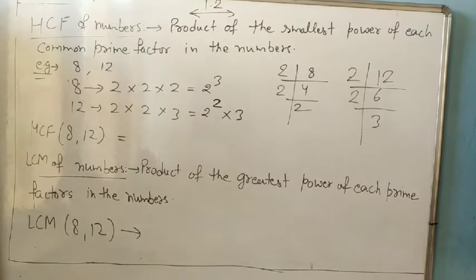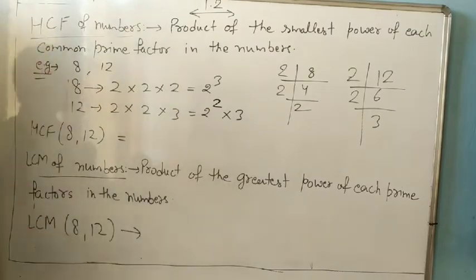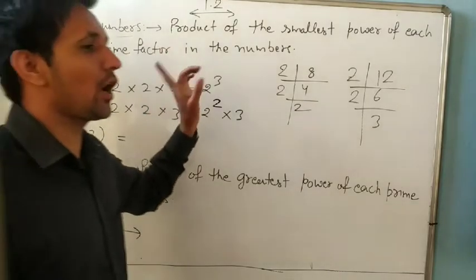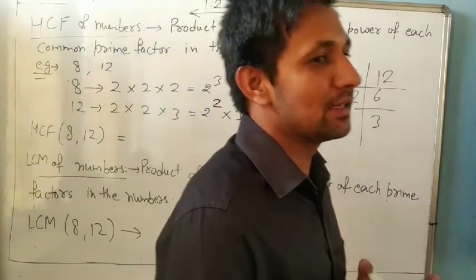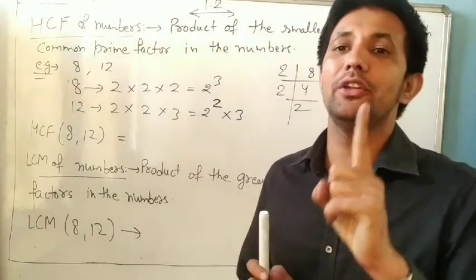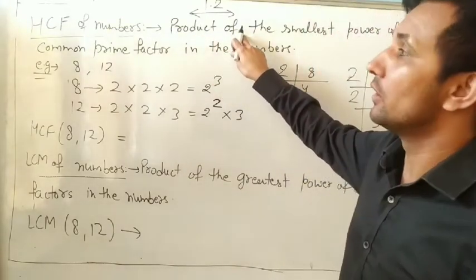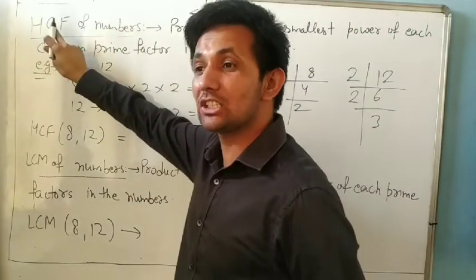Now we will learn how to find the HCF and LCM of numbers. Remember how you find HCF and LCM by using prime factors. Remember we will only use prime factors. So how will you find the HCF, meaning highest common factor?